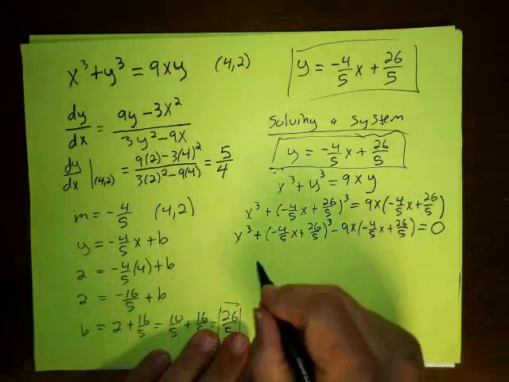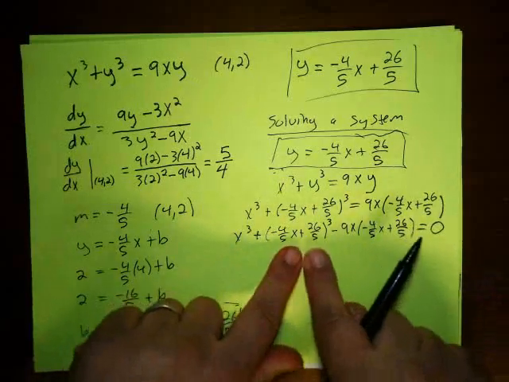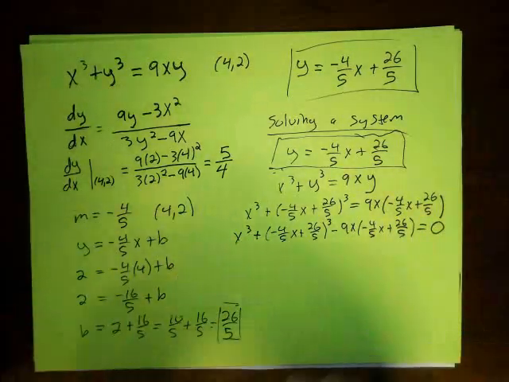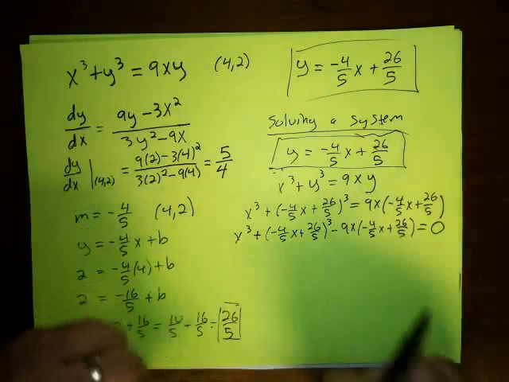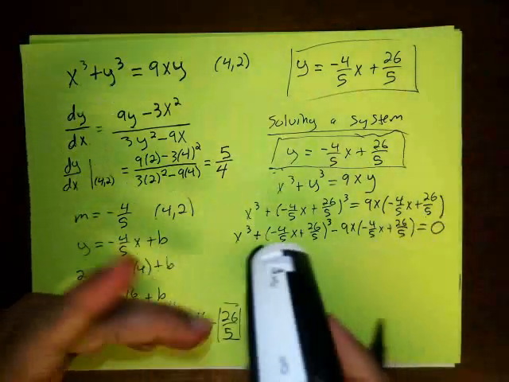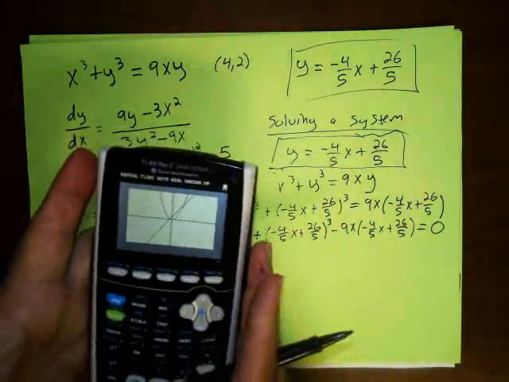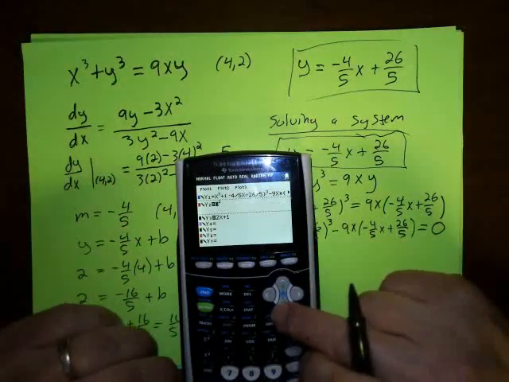And now I'm going to graph the function y is equal to all of this. Now if I expanded that all out and combined like terms, I would get a cubic polynomial, and then I could find the roots on here, and those would be the x-coordinates where the graphs intersect. Okay? And so basically that's what I had in here, if you look.